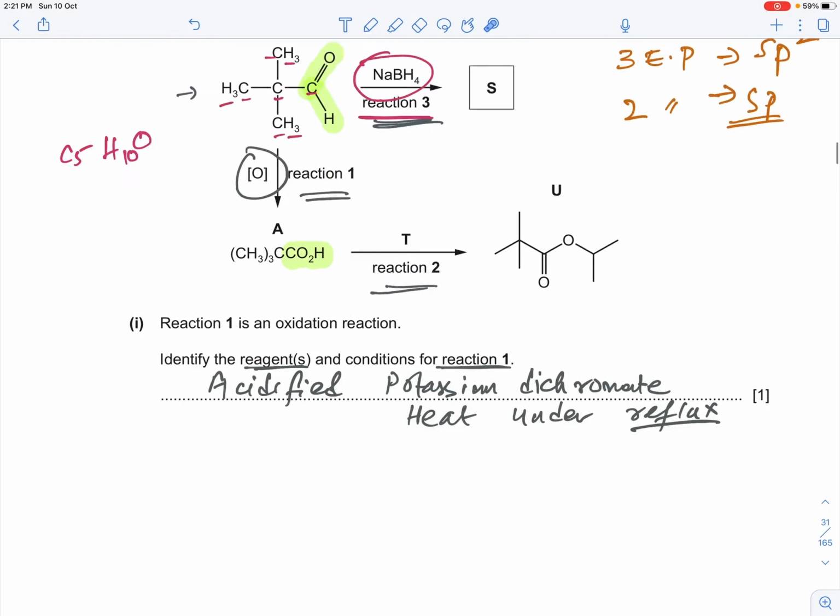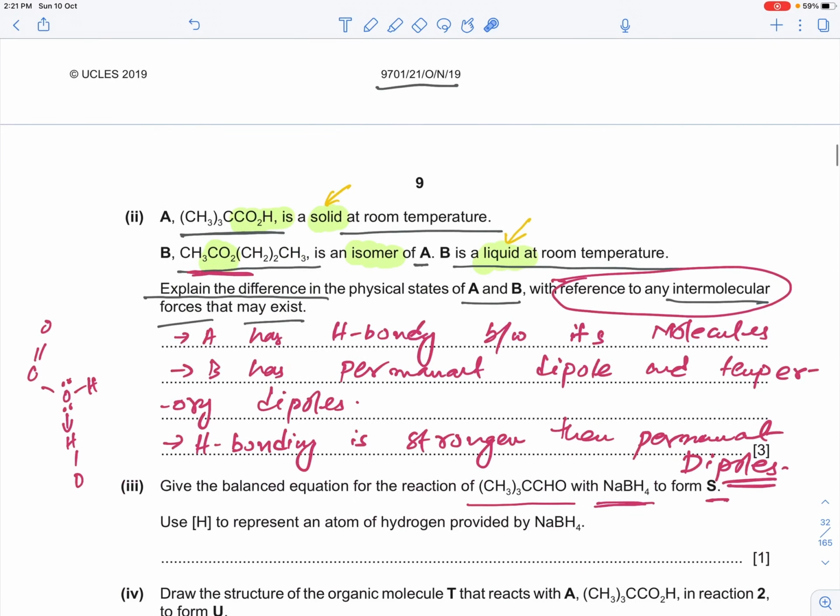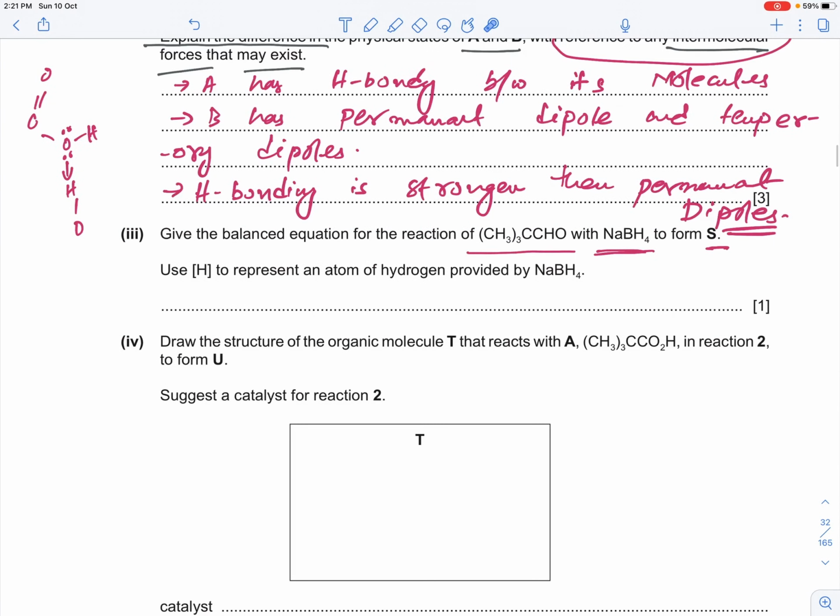So the equation would be, okay, we will write the equation in this form. So it would be CH3CHO. Now how many hydrogens have been added? 2 hydrogens. So this is hydrogen, 2 hydrogens have been added.